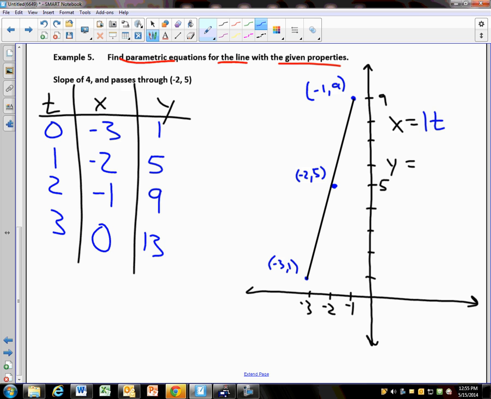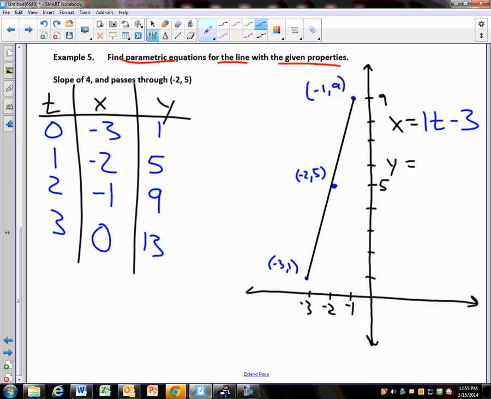When t has a value of 0, x has a value of -3. Convince yourself of it. If you plug in 0 for t, do you get -3 for x? If you plug in 1 for t, do you get -2 for x? If you try all those points, you're going to come up with what you need using that formula.